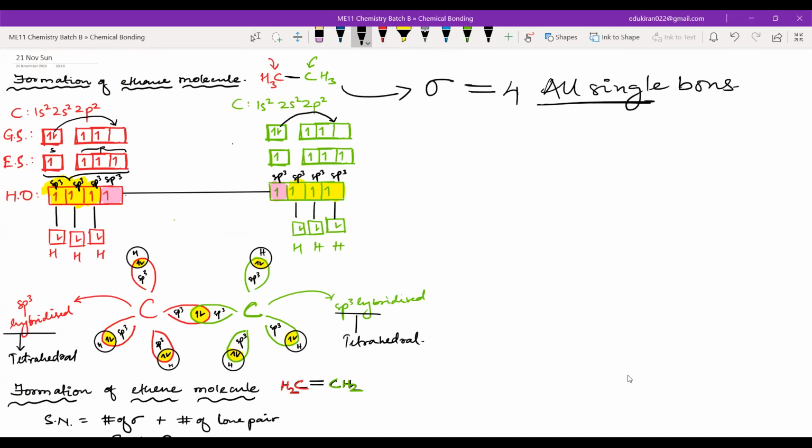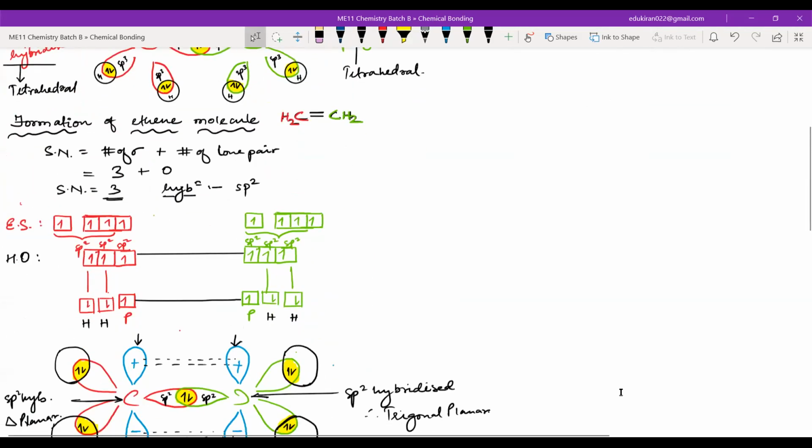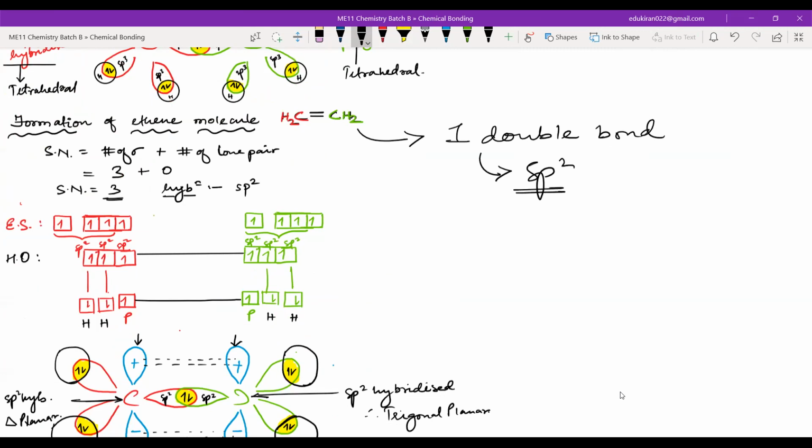Now, if there were all single bonds, we had the hybridization sp3, correct? Yes. Now, if you move to the ethene molecule, there was one double bond, correct? Yes, sir. If there is one double bond, then we can conclude that it will be sp2, right? That carbon atom will be sp2.